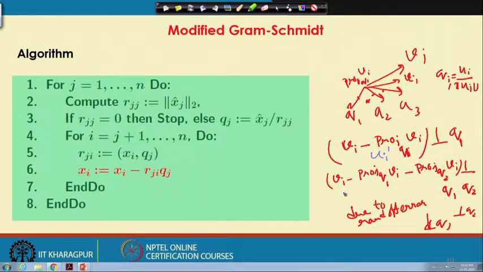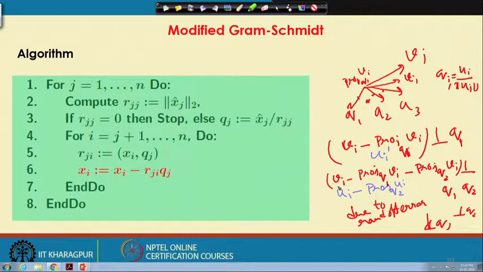Then the next step is u I minus the projection of u I on q 2. These two approaches are arithmetically exactly the same.